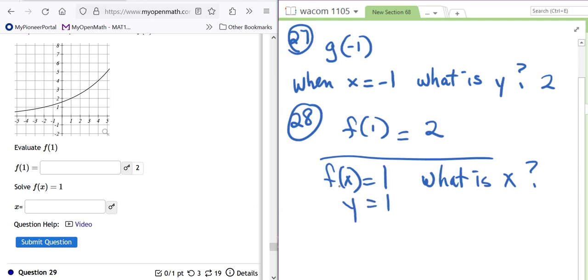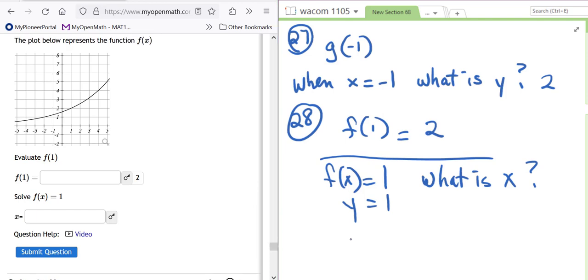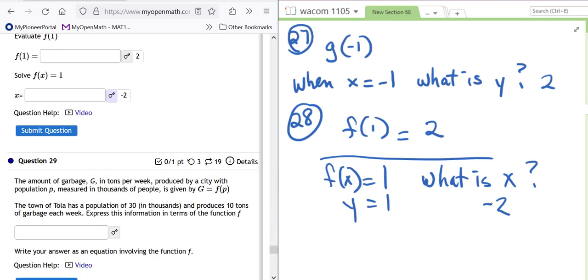Anytime you get confused, replace f of x with y. And so when my y is 1, what is the x? So x is going to be negative 2. So we go up to the y of 1 and negative 2. And check that. Okay. All right.